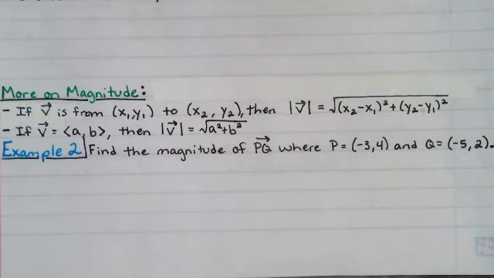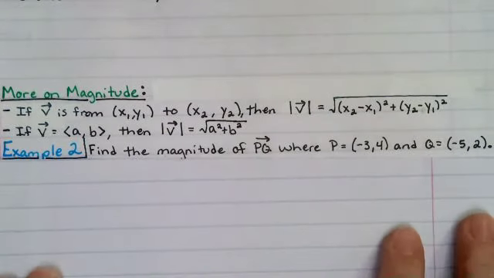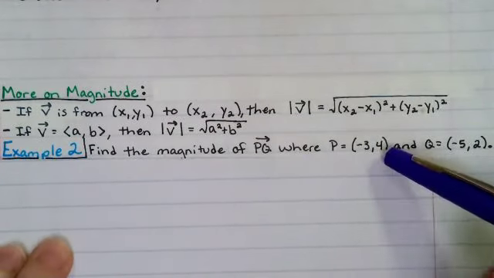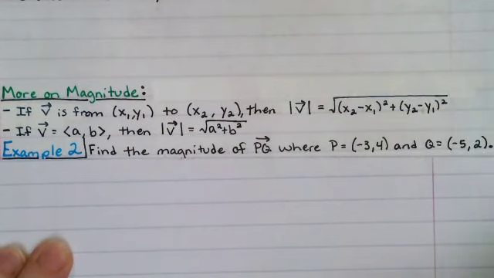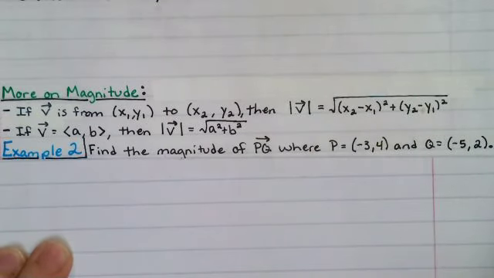So the problem that we see down here, example 2, says to find the magnitude of PQ, where P is (-3, 4) and Q is (-5, 2). So we're going to use our formula for magnitude for that, but we need to decide which formula that is. Because I've been given the initial and the terminal points, I think it's going to be easiest to just straightforwardly use the distance formula. Now, some people will tell me, why don't you just find the a and the b and then use this one? You can. It does the exact same thing.